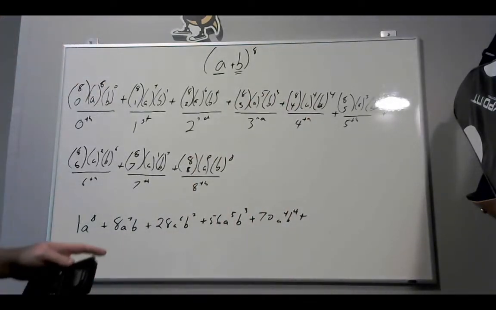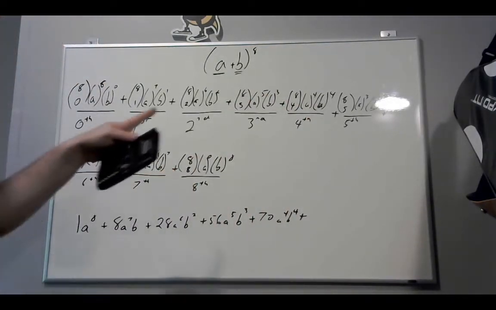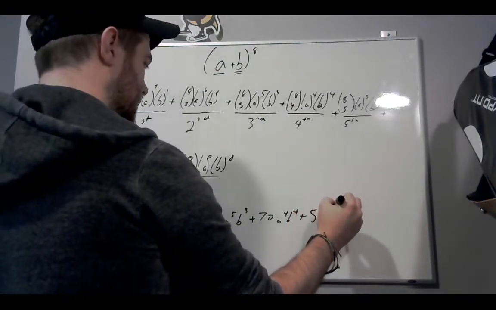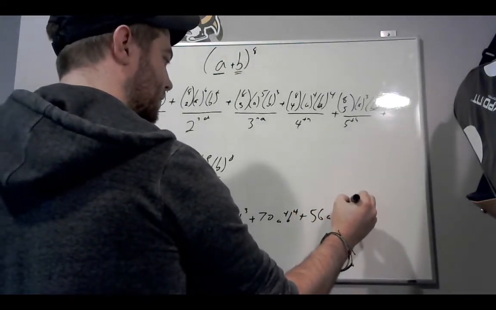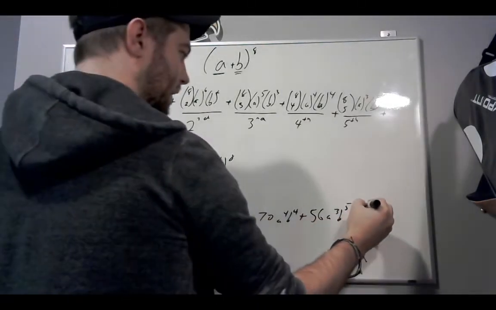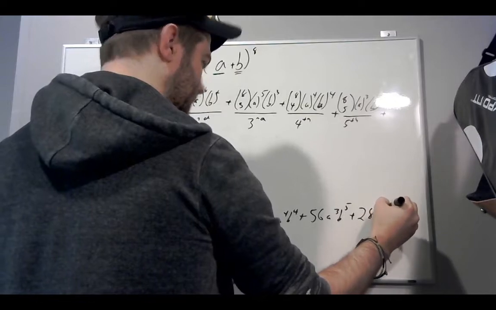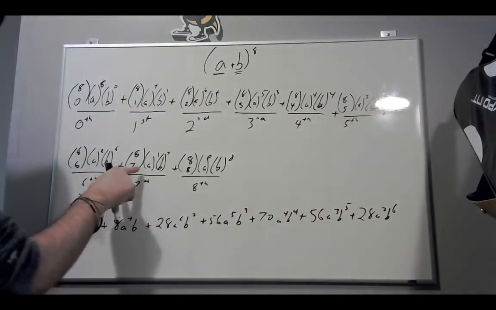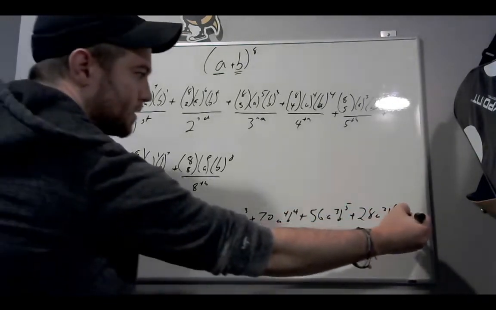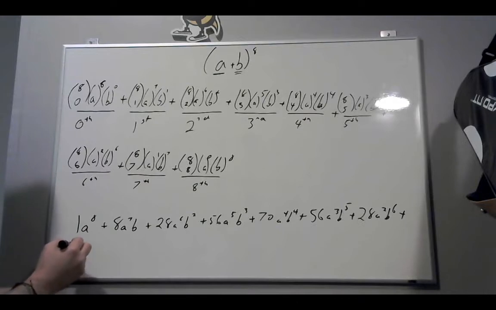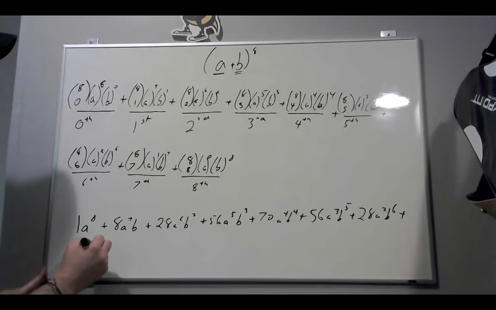Then 8 choose 5, which is 56. A to the 3rd, B to the 5th. Over here is now 28. A to the 2nd, B to the 6th. Then plus the next term, 8 choose 7 gives us 8. So this is 8, A, B to the 7th.